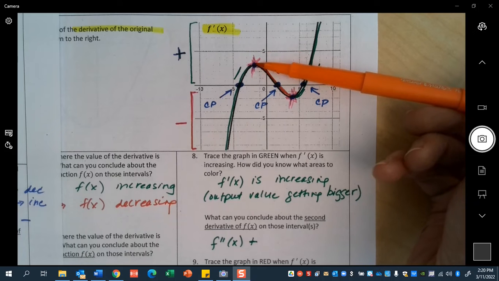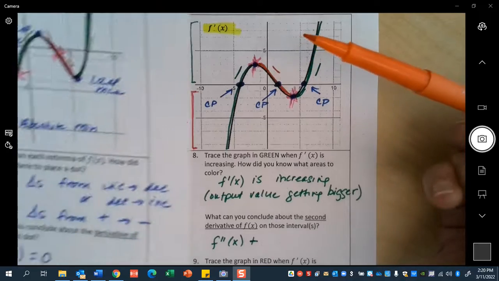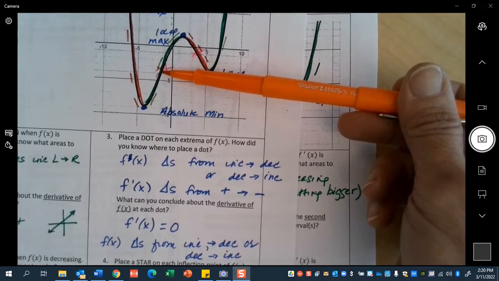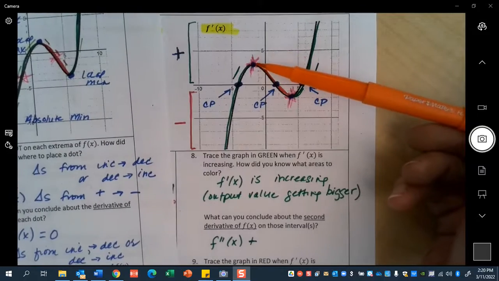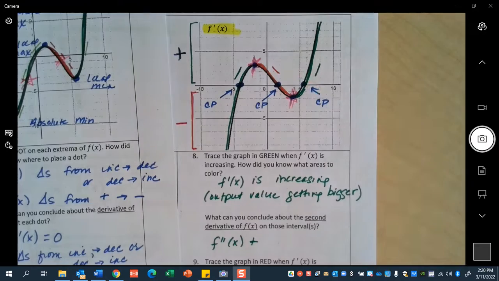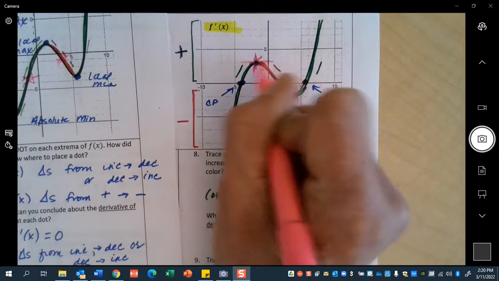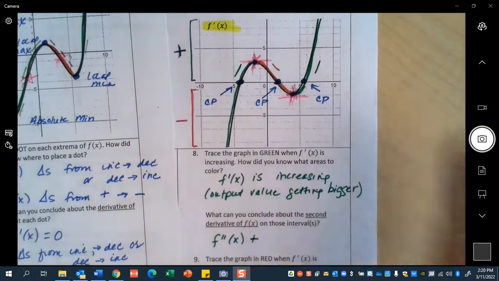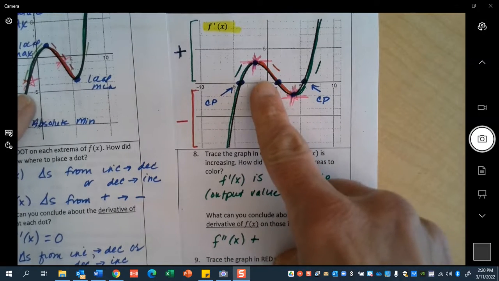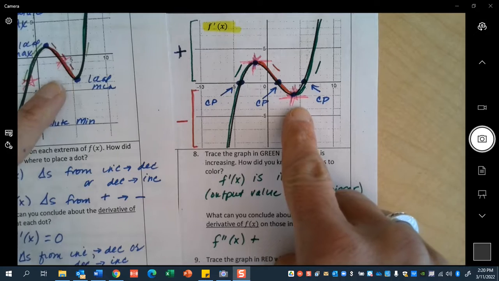This point of inflection happens right here, where this derivative of my derivative, where my second derivative is equal to 0. So right here where my second derivative zeroes out, those pink stars are going to happen right at the same point.